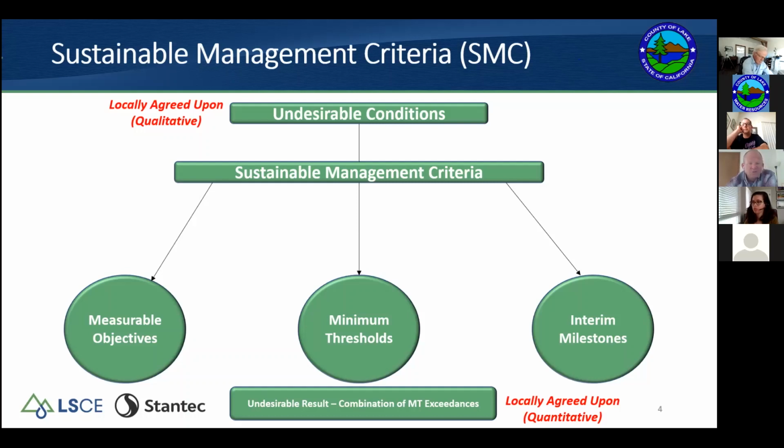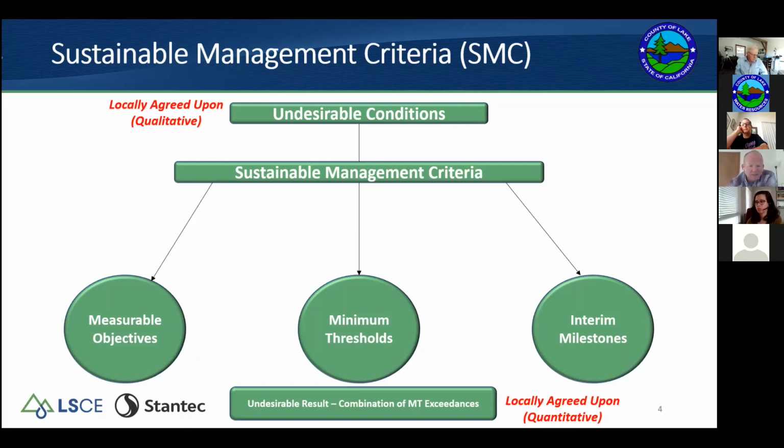Fortunately, I think we're in a basin where generally the water levels are pretty healthy. So interim milestones might not necessarily be applicable because in some areas we're already above the measurable objective, especially when it comes to water quality. But we'll work through those as we move through this process. And then at some point, we need to have some discussions about what is considered an undesirable result.